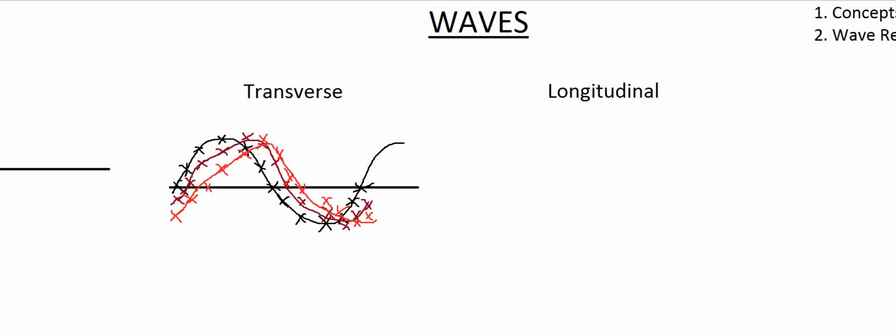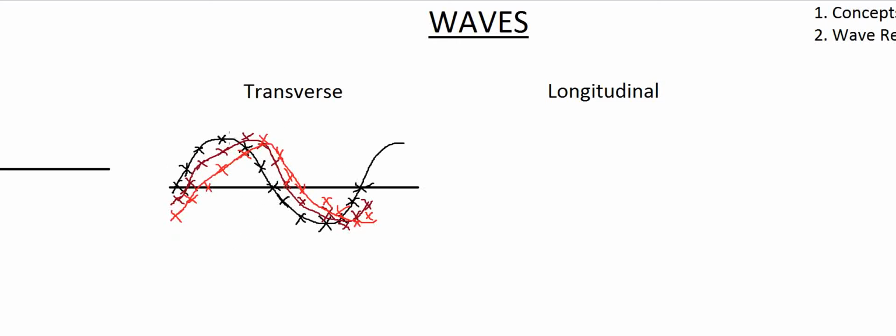So this is how, when the particles move up and down, they make it look like the wave moves to the right, depending on how the particles move.